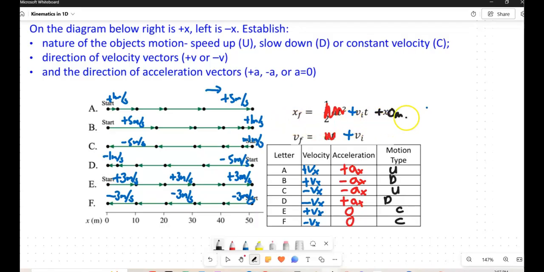Now, if you look at this right here, x final equals plus velocity times time plus 0. That is a linear fit. So when you're not speeding up nor slowing down, constant velocity is a linear fit. And what that also means in a velocity versus time graph is that your final velocity is equal to your initial velocity, because there's nothing speeding you up or slowing you down.